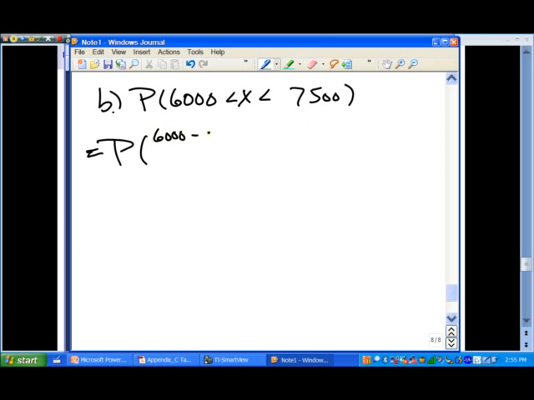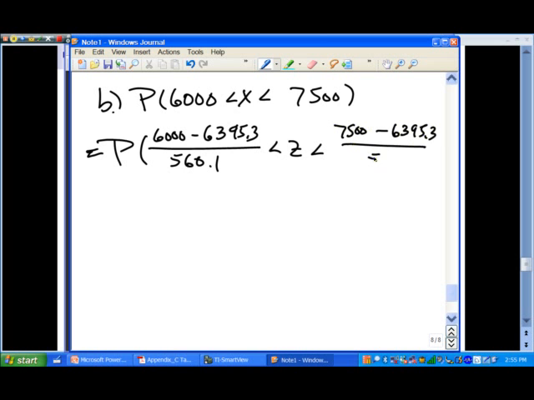And then now we want to convert to a z-score. So that's going to be 6,000 minus our mean, 6,395.3, over our standard deviation, 560.1, is less than z now, and that's less than 7,500 minus 6,395.3 over 560.1. Let's see here.